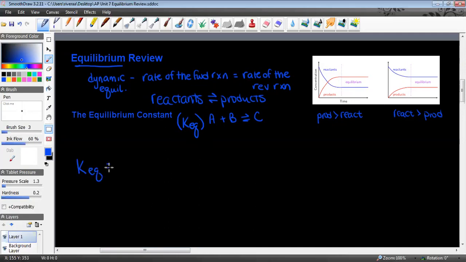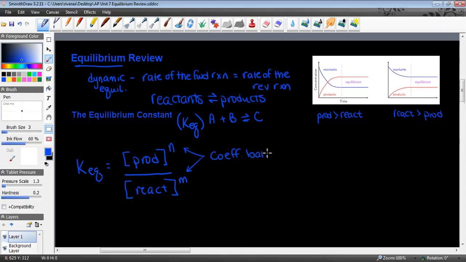KEQ is always equal to the concentration of your products, all raised to their coefficients, which turn into their exponents, over your reactants, raised to theirs. The coefficients in your balanced chemical equation become your exponents in your equilibrium expression.